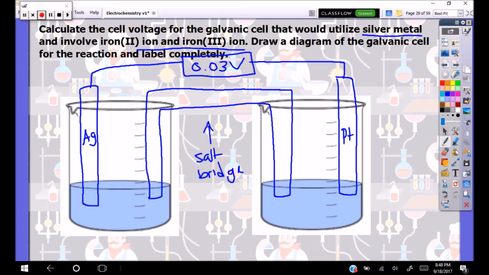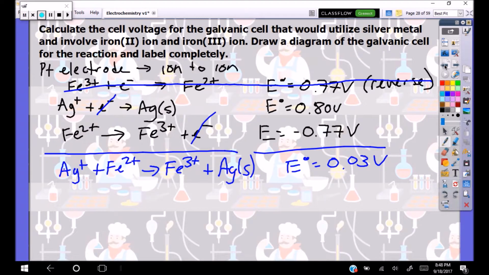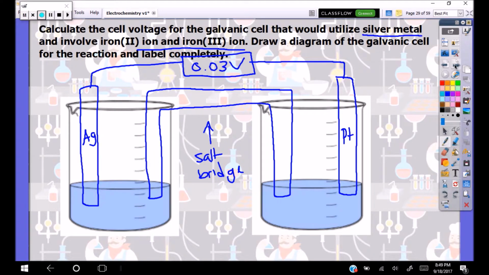So we need to figure out which is the cathode and which is the anode. So remember, reduction occurs at the cathode. So we need to go back to our reaction and see what's happening here. If we look, Ag plus is being reduced to silver metal. So since reduction occurs at the cathode, this is my cathode here.